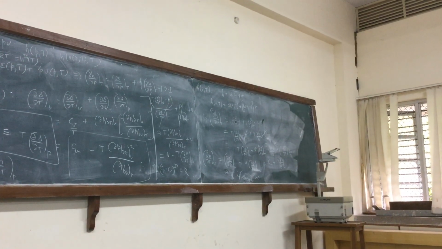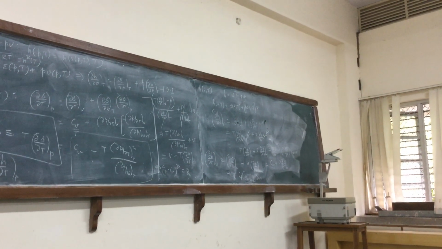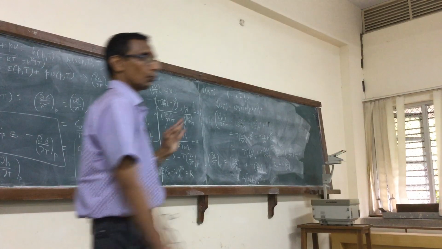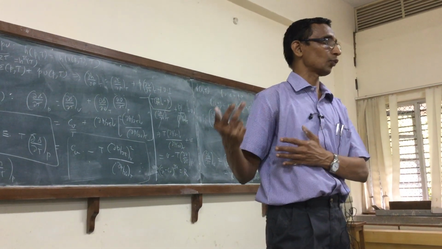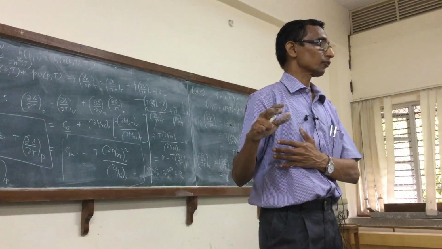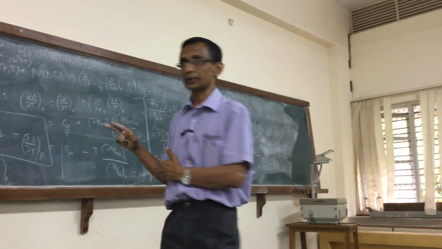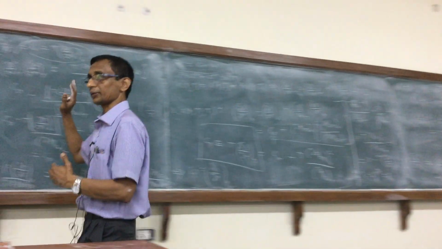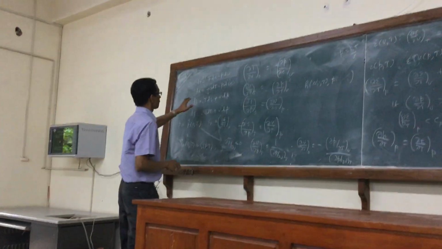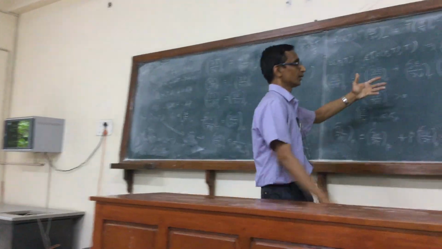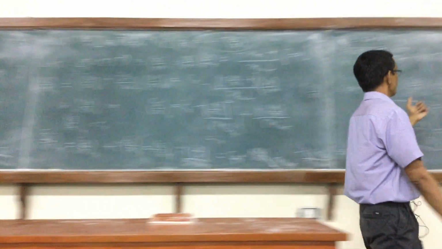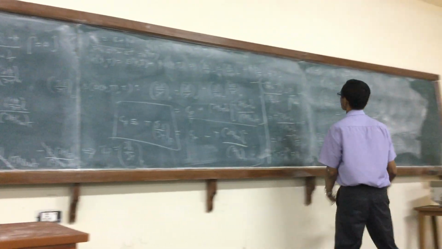But it is very important to recognize that the entropy of the ideal gas is a function of both volume and temperature, or pressure and temperature, whichever way you want to choose to do it. So the property of the ideal gas that depends only on temperature is restricted to E and H. All the other three properties, A, G and S, are very important relations actually.